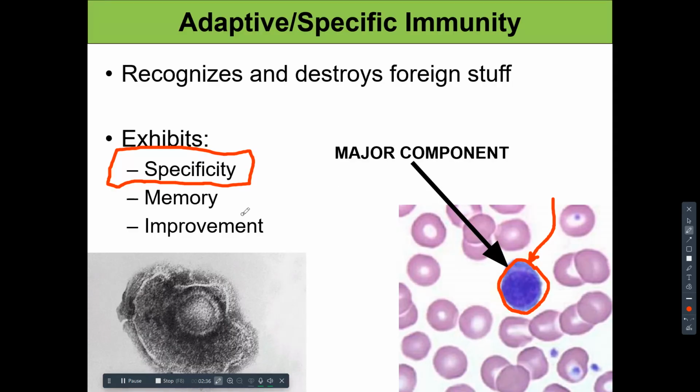And the great thing about specificity is that specificity leads to memory. So our lymphocytes will know, quote unquote, when they've encountered a pathogen previously.